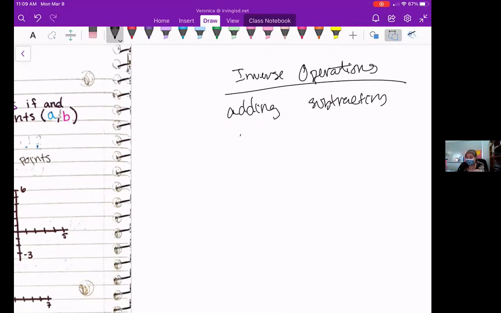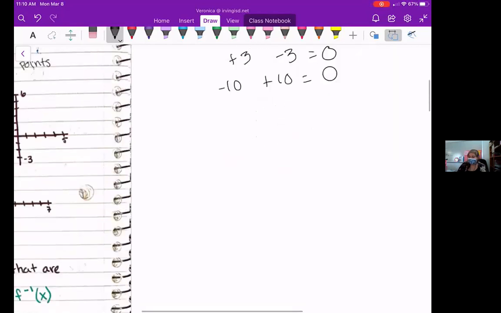So if I have a positive 1, I'm going to subtract 1, so a positive 1 and a negative 1 cancel out. It gives a 0. A positive 3 and a negative 3 cancel out. They give us 0. Negative 10 and a positive 10 cancel out. It gives us 0. Adding and subtracting are inverses of each other, okay?